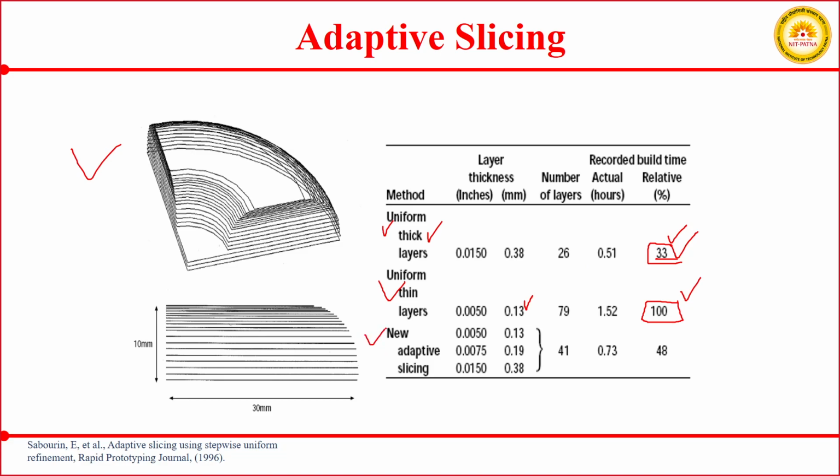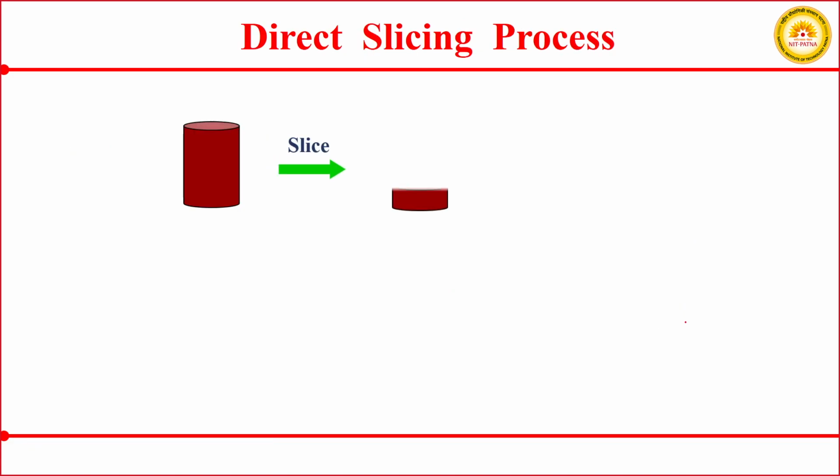But with the new approach, a combination of these two, wherever you do not have surface features you go with thick layers, and wherever you have surface features you go with thin layers, and you are able to print this part in 48% of the relative time. This is the comparison you can see here.